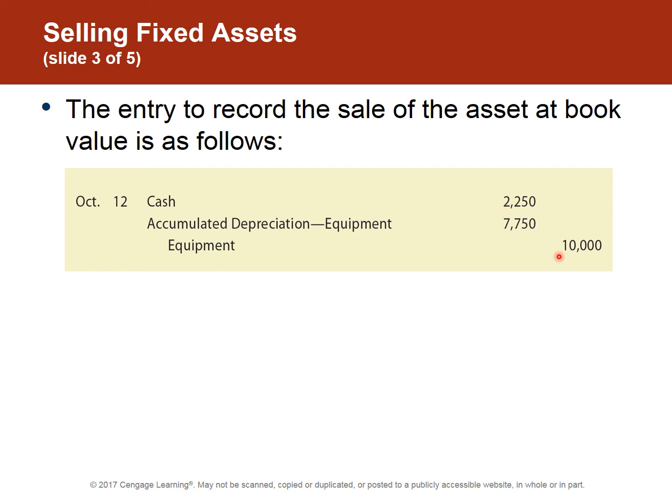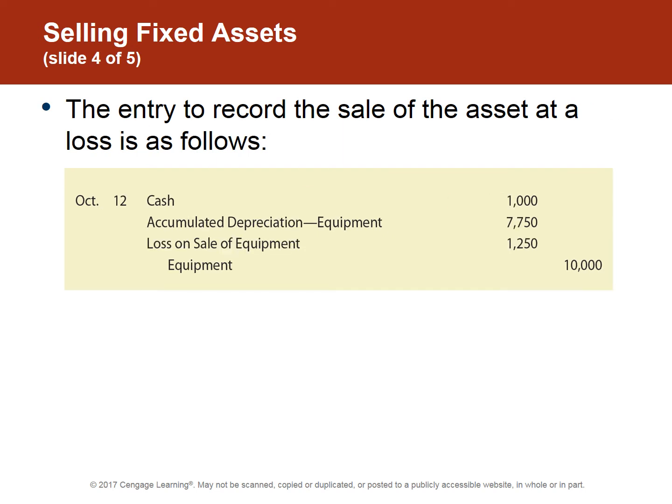If this were a $10,000 automobile sold at book value, then we note that we take the equipment or the car off the books, and we also take off the accumulated depreciation. We record the cash, and there's no gain or loss. If we sell the asset for $1,000, then our loss is less because the book value is $2,250. We record the cash and we remove the cost of the asset and its accumulated depreciation, and we record a loss on sale.